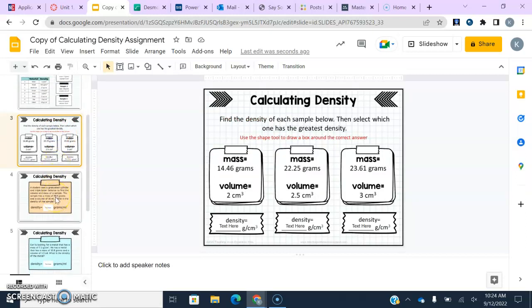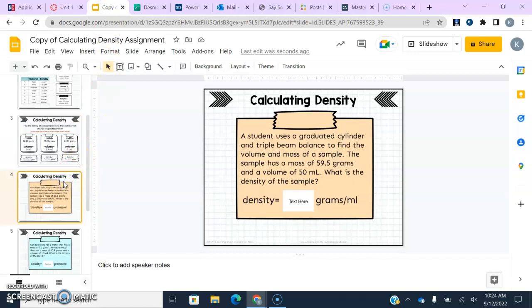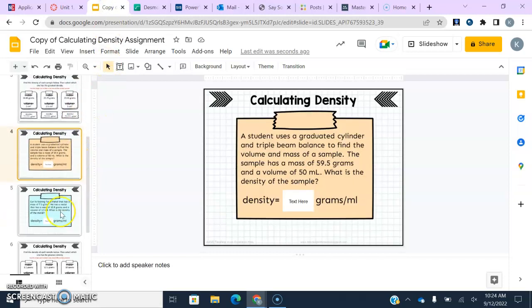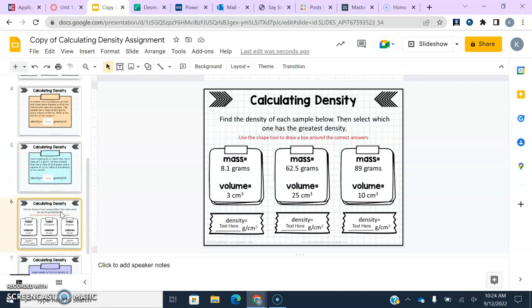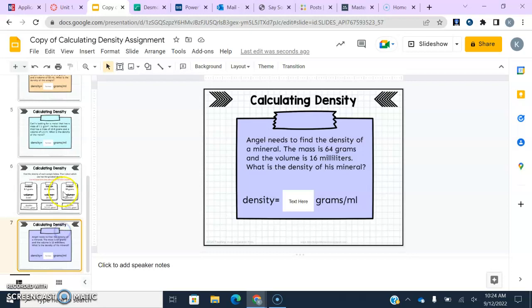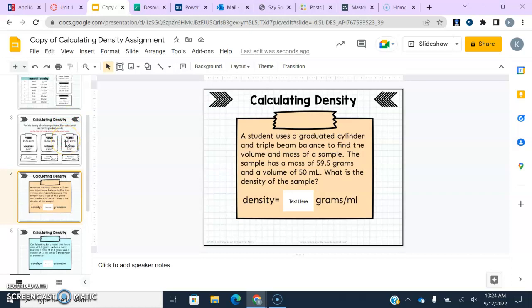The other slides, again, you're given the mass and the volume, so you're just going to calculate density. Remember, M over V. And you can use the scientific calculator, or for these, because they're pretty simple, the calculator on your phone should work fine. Okay, so again, these practice problems, they're just seeing if you can do the basic density calculation, which I feel confident each of you can.